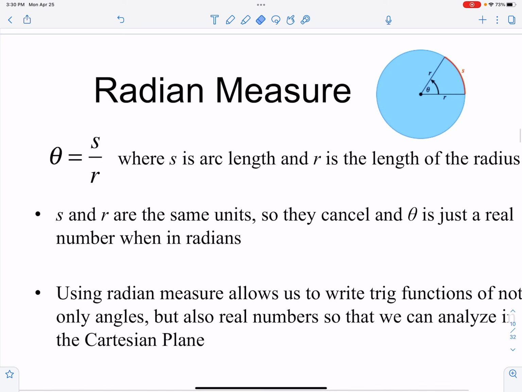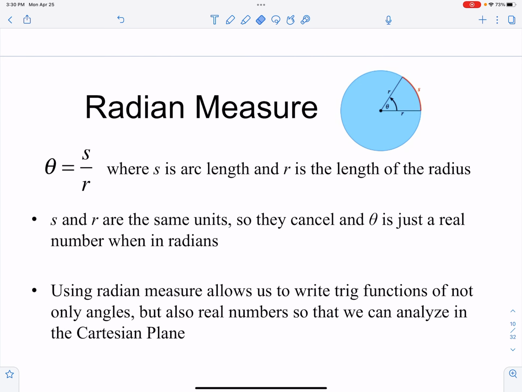So next we're going to talk about radian measure. So radian measure is a ratio of the arc length of an angle over the radius or the length of the radius of the circle that you could draw that would intersect the initial and the terminating side of the angle.